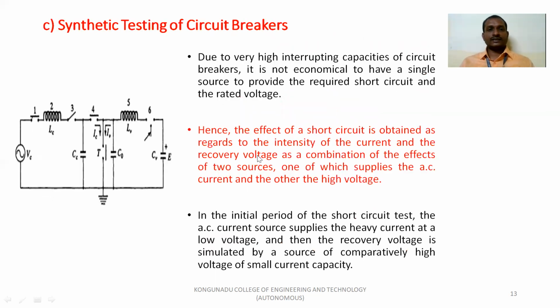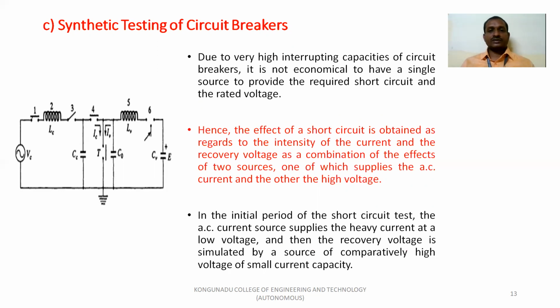Next is synthetic testing of circuit breakers. Circuit breakers have very high interrupting capacities, so it is not economical to have a single source to provide the required short circuit current and rated voltage. It is not possible to provide the required short circuit and rated voltage with a single source, so we go for a combination of two sources.